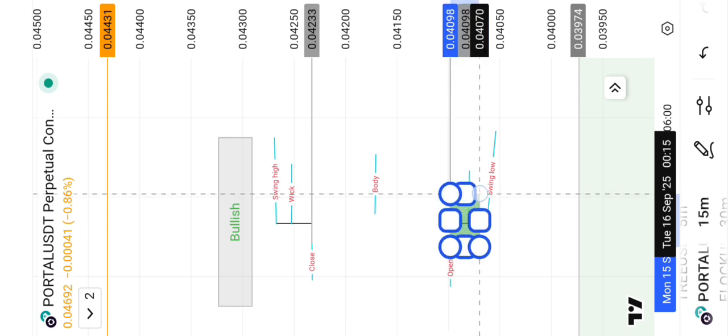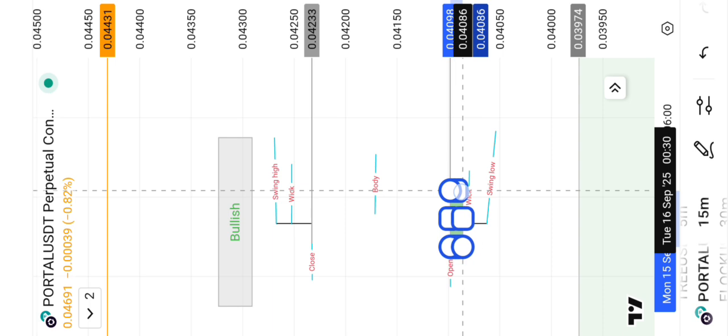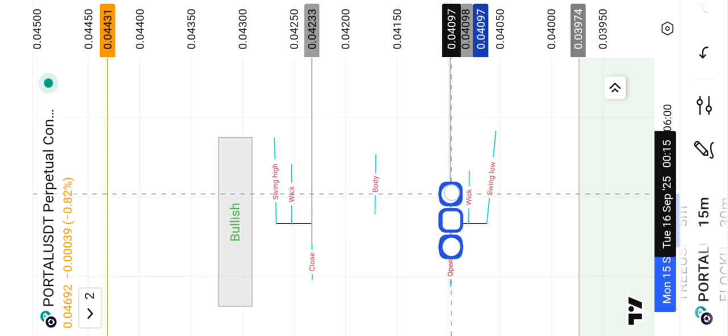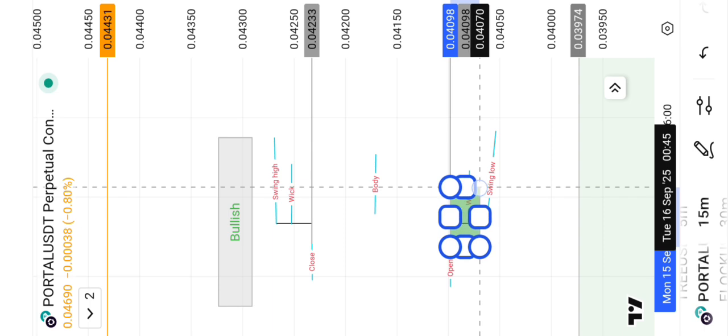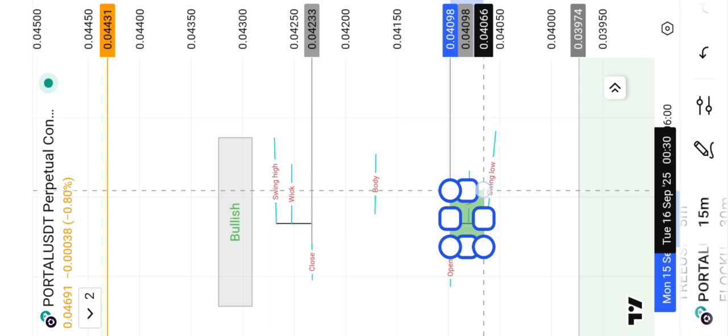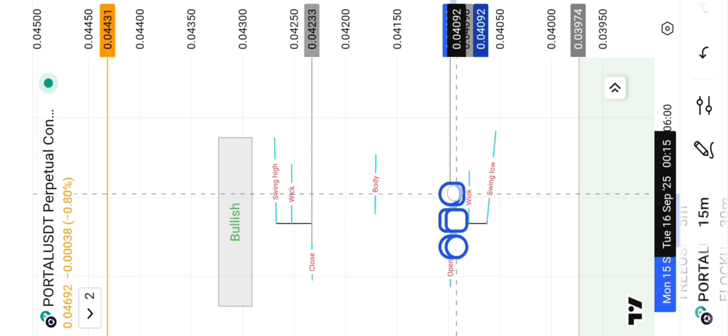After some time, because the buyers are in control of the market, they push it back up, which forms that wick. The dominance of the market at that moment was the buyers, and they pushed it back up, which formed that wick.